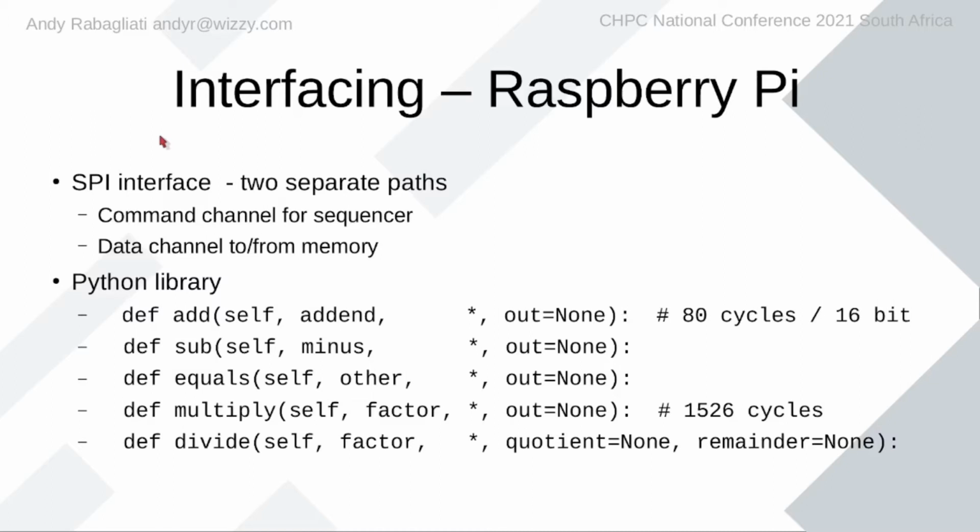It has two channels, one as a command channel for the sequencer to tell it which set of instructions to be running now, and there is a data channel which is for data load and unload to and from the memory itself. The templates I have here for add, subtract, multiply, and divide is the code which is running on the Raspberry Pi, which is telling the J1 Forth processor what to do on the other end of the SPI interface.